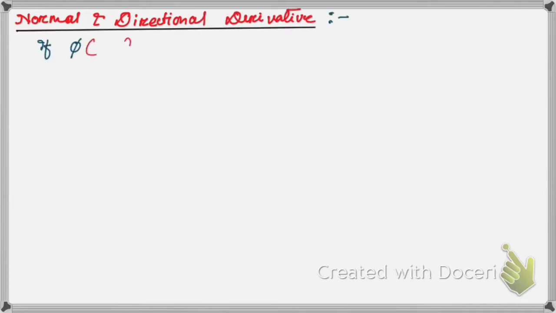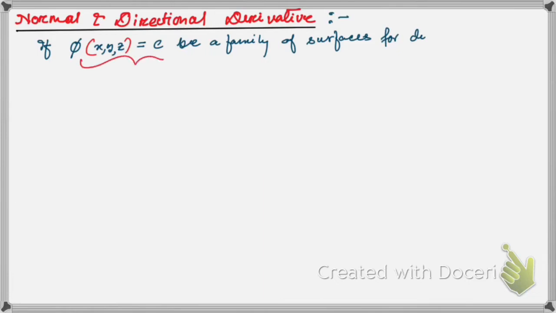Now you see normal and directional derivative. Suppose we have a function phi equal to c, a family of surfaces. This equation represents a family of surfaces, right? For different values of the constant c, you will get different surfaces.